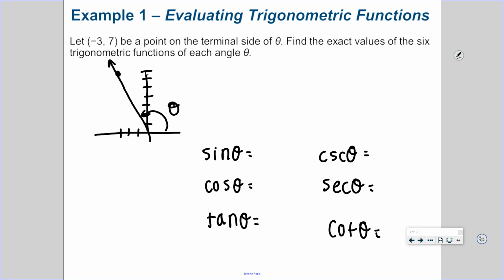All right, now based on what we just talked about, you could say, all right, well, sine is just my y-coordinate divided by r, and they're like, wait a minute, what's r here in this case? Well, this is where I just draw a picture to help me. We're going to get into reference angles in a little bit, but a reference angle is the angle formed by the terminal side and the x-axis.